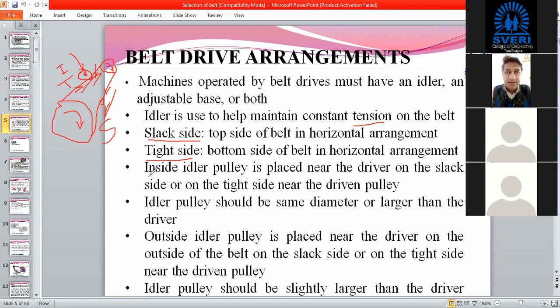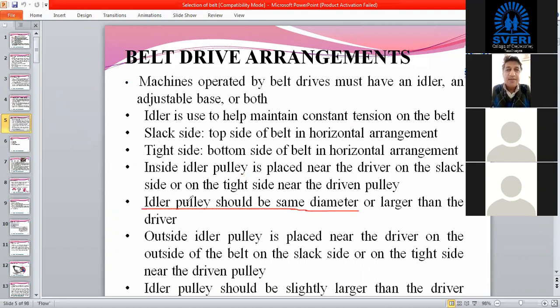Then the idler pulley can be used from the inner side of the belt or from the outer side of the belt. And there is one more guideline for using an idler: the idler pulley should be of the same diameter or larger than the driver pulley. So the driver pulley size should be less than this idler pulley.